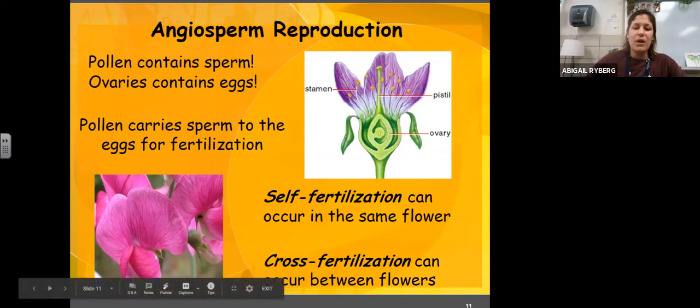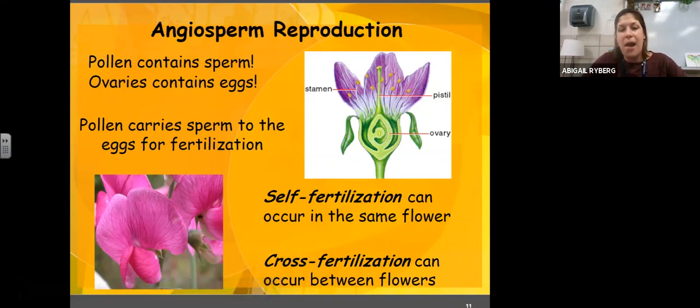Self-fertilization is when one flower, like in the image here, produces pollen, and then it also has an ovary. The pollen are here on the stamen, and if you've ever put your face in a flower and sniffed it and gotten pollen on your nose, that's the male sperm. The flower also has a female part.